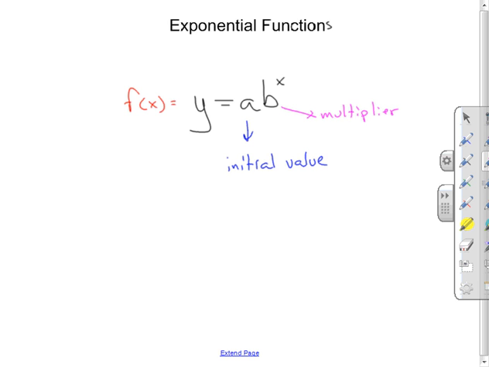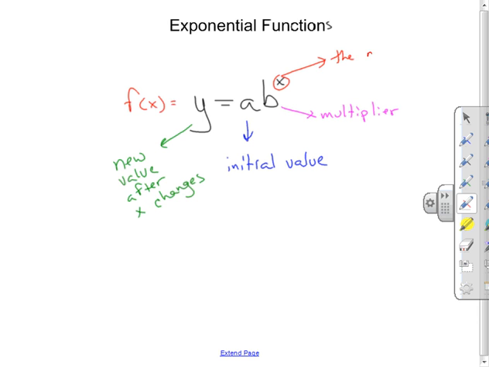And then y is the new value after change has occurred. And x is, in fact, the number of changes to the initial value.